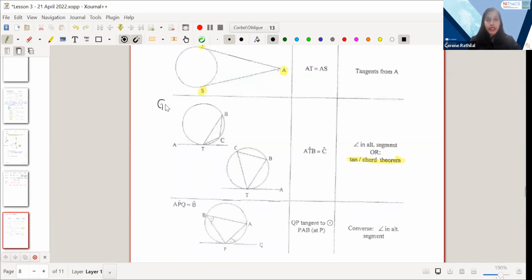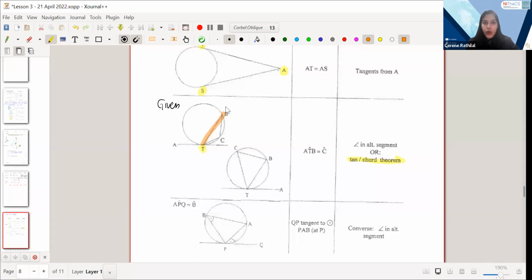So remember, this is what you're given, okay? So you'll be given a circle with a tangent, which is drawn to the circle at point T, as you can see, right? So we have a tangent drawn at point T. And as you can see, we have this line TB, which is clearly a chord in the circle. So what we can conclude is the following.